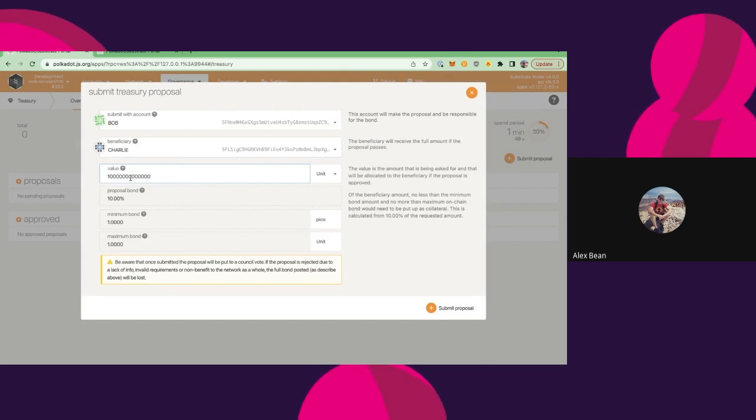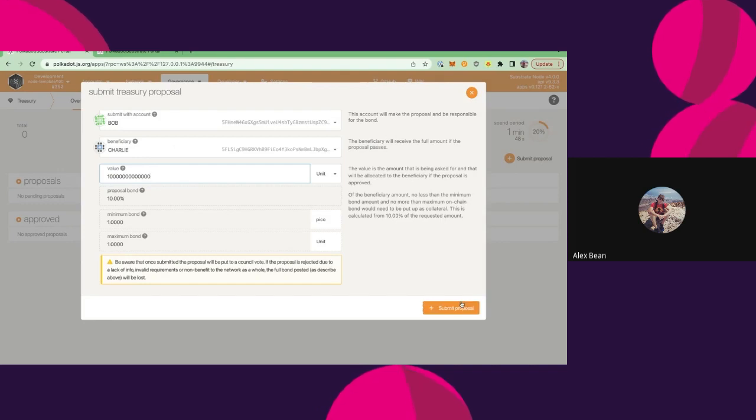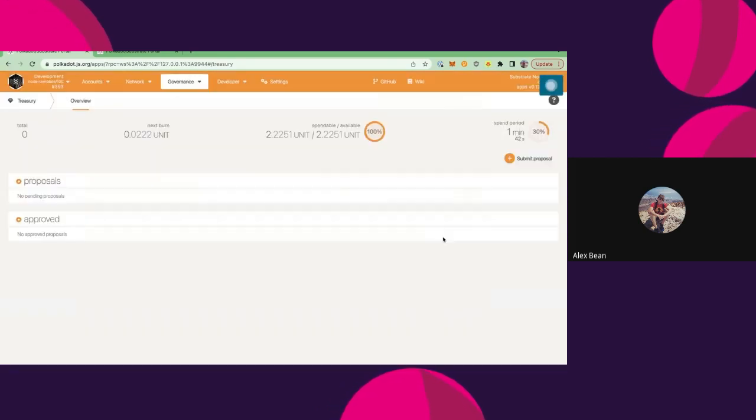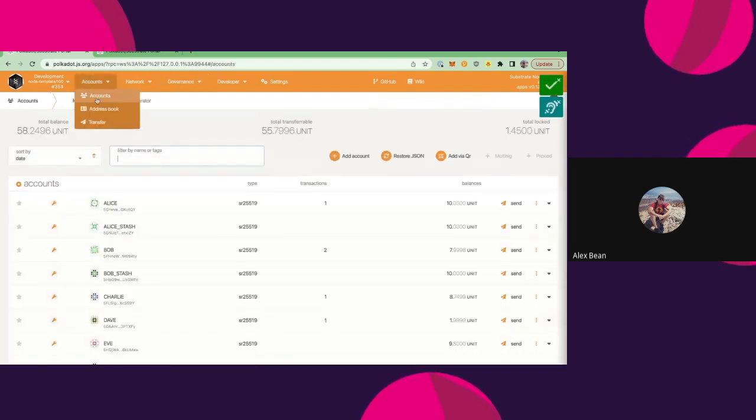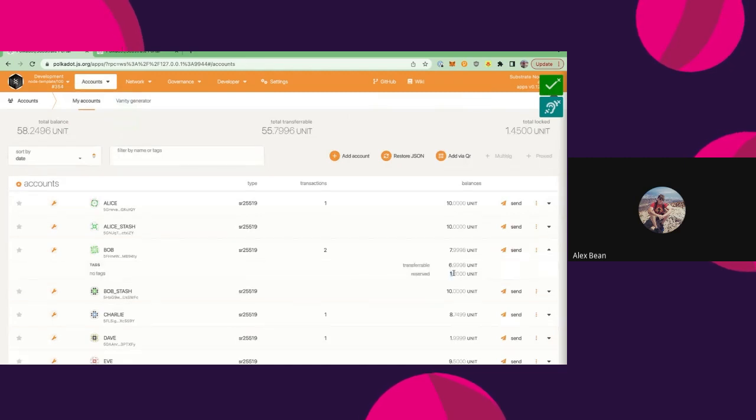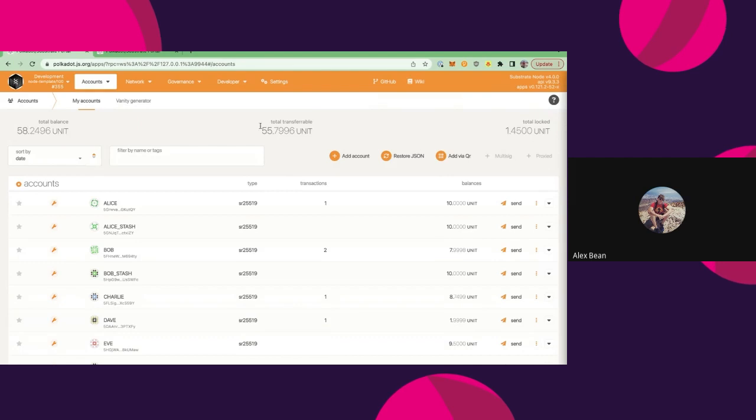So he's asking for 10 units, so he has to bond one unit of our token. So Bob submits the proposal. It goes through, and we can see now that Bob has 1 unit reserved and still some transferable.